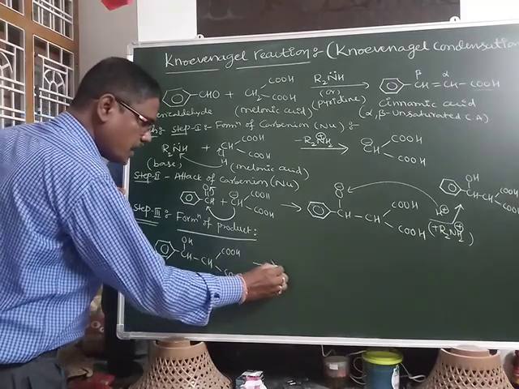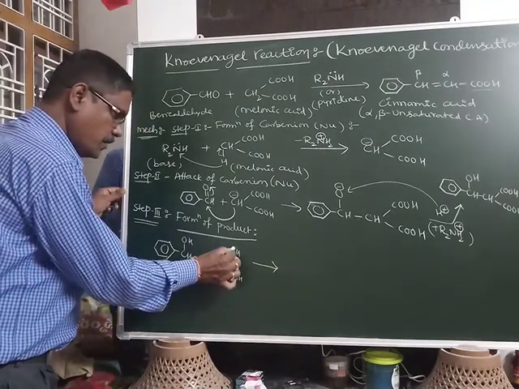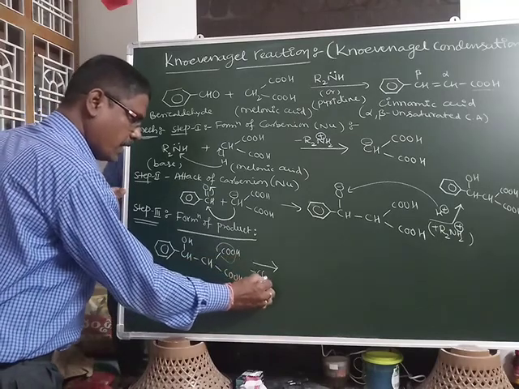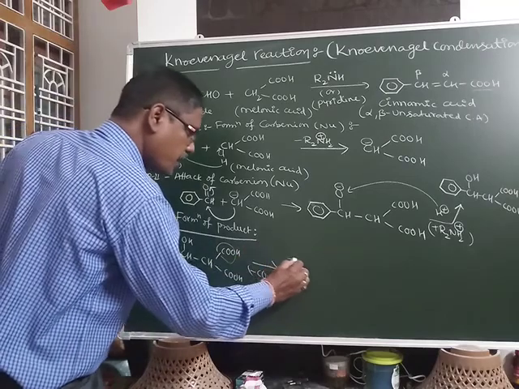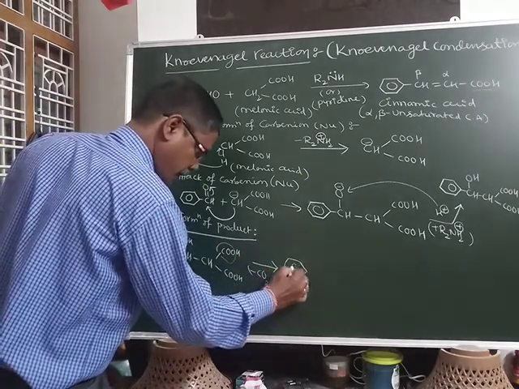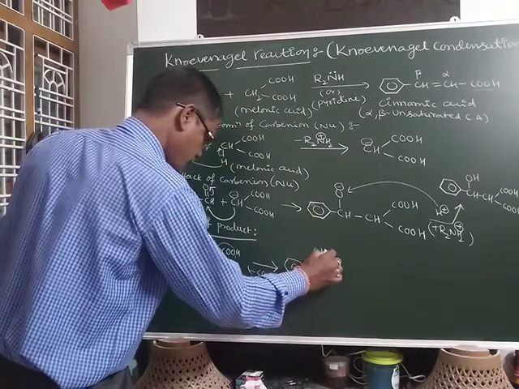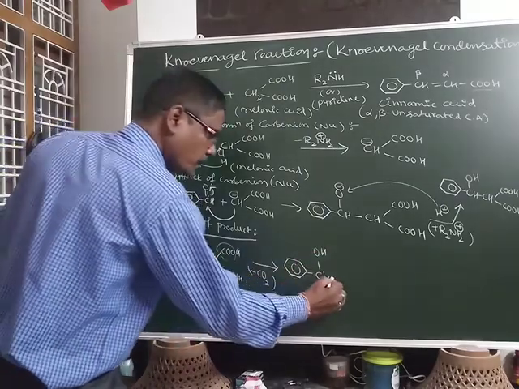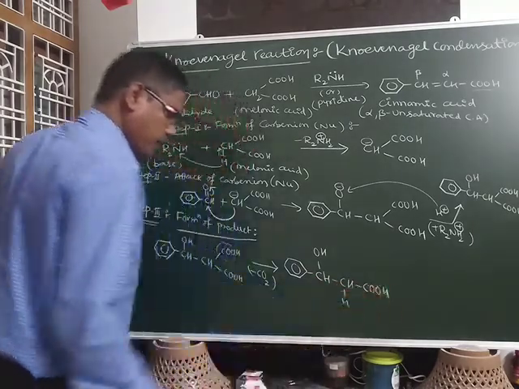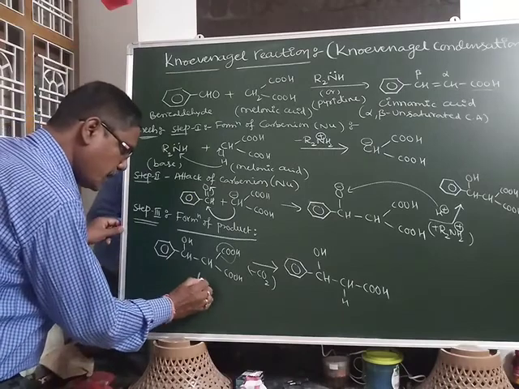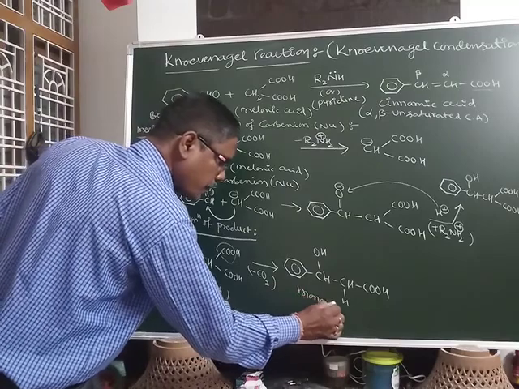This dicarboxylic acid is unstable and it can eliminate one CO2. Minus CO2, we obtain this one: CHOH and CH2 and COOH. This dicarboxylic acid converts into the monocarboxylic acid.